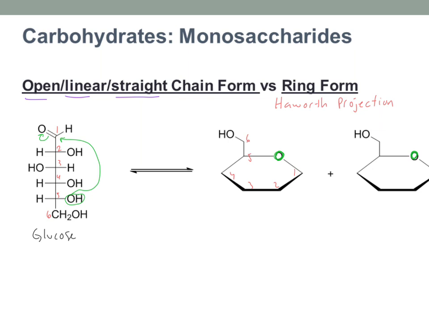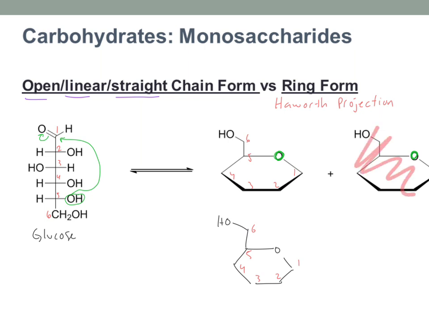I should pay more attention when I'm making these slides. Let me redraw this real quick. So I'll call this number 1, 2, 3, 4, 5, and 6. We're always going to be able to start with the rightmost carbon and go clockwise, 1, 2, 3, 4, 5, 6, for all of these that we see. So you can just ignore this for right now.